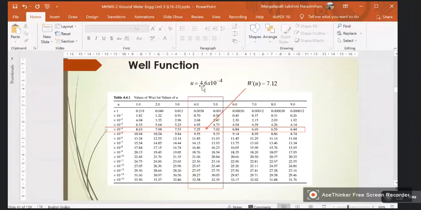and match the value of U with your calculated value of U in the table and read the value of well function.